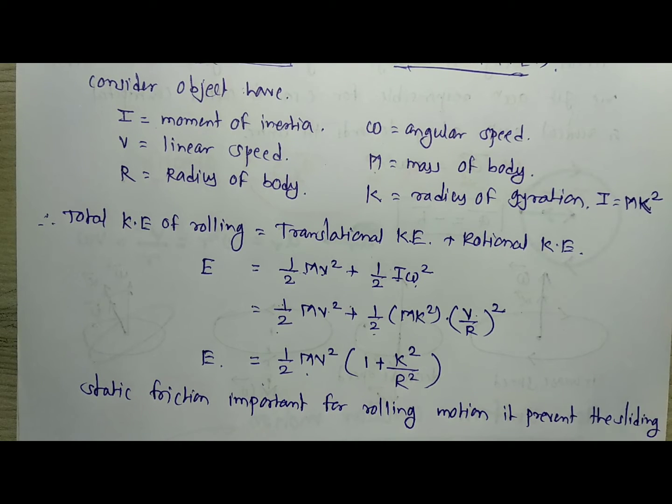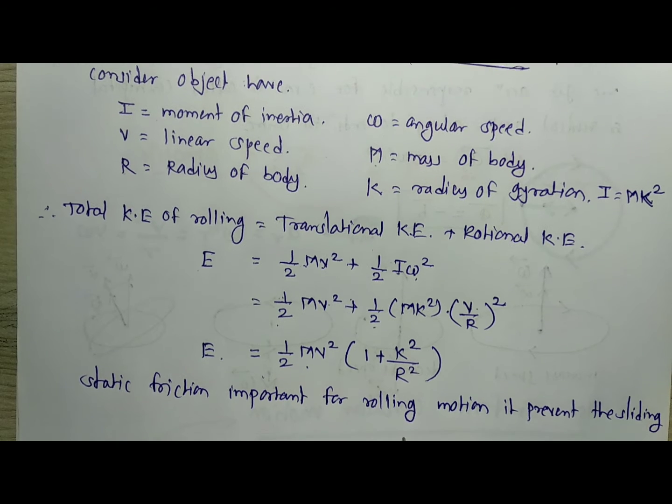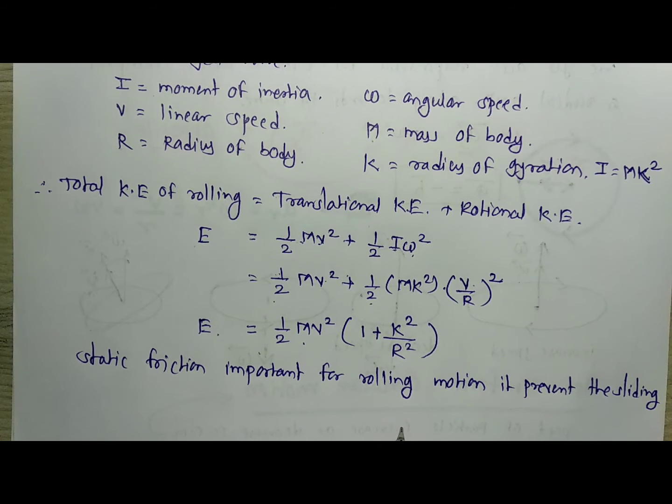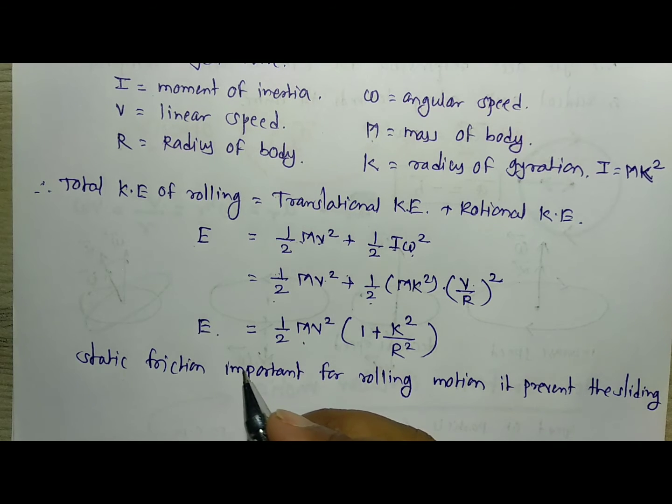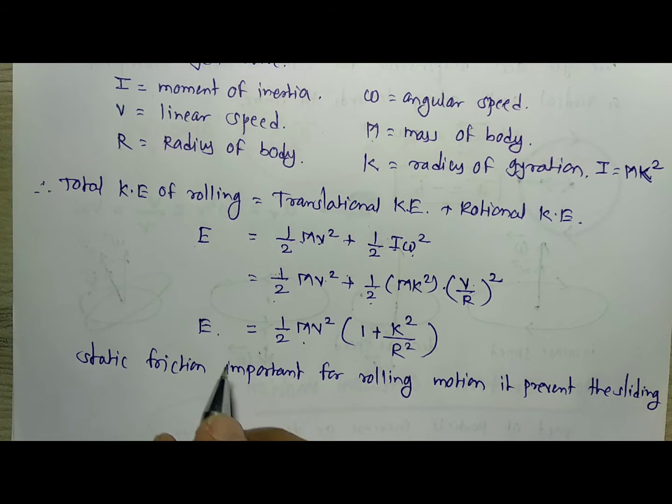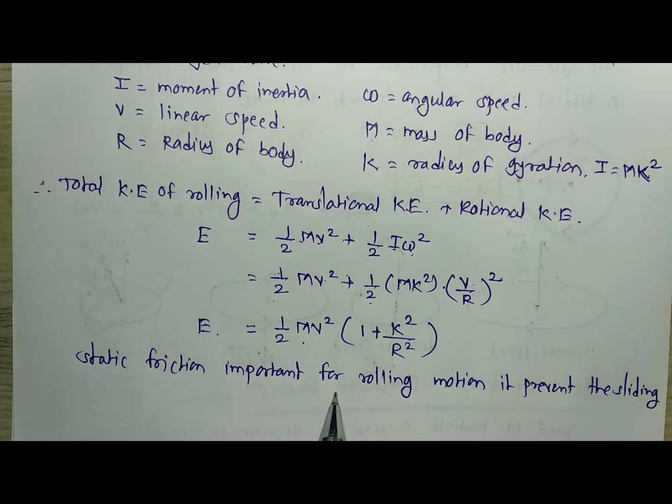We know that sometimes when a body starts to roll, after some time it slides on the surface, and at that time it does not remain a pure rolling motion. Sometimes a body first slides on the surface when we push it, and after that it starts rolling, and at that time it is not pure rolling motion.